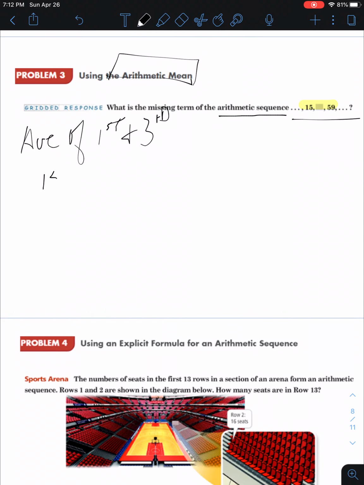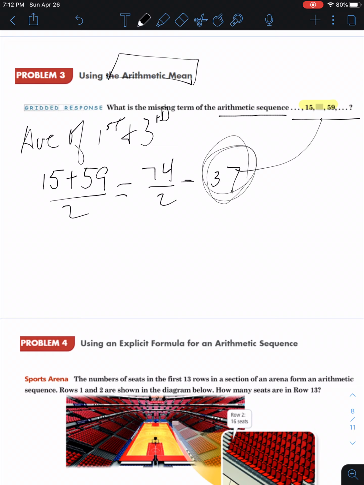We'll take our 15 and add the 59, and to get the average you divide by 2. 15 plus 59 is 74, and when you divide that by 2, you get 37. And 37 is the term that goes in the middle. How do we know? Take your 15, the first term, and go to 37.